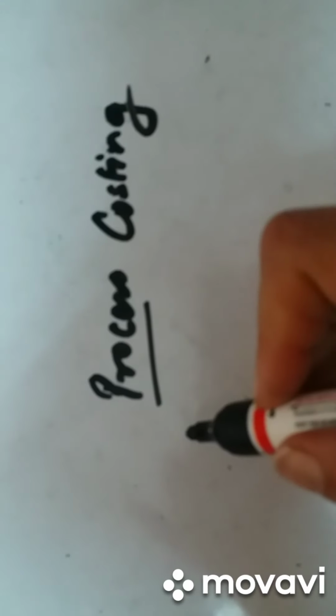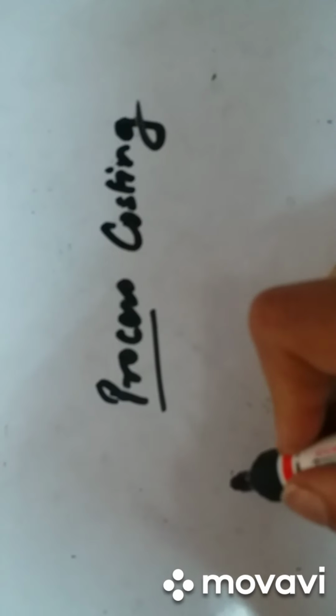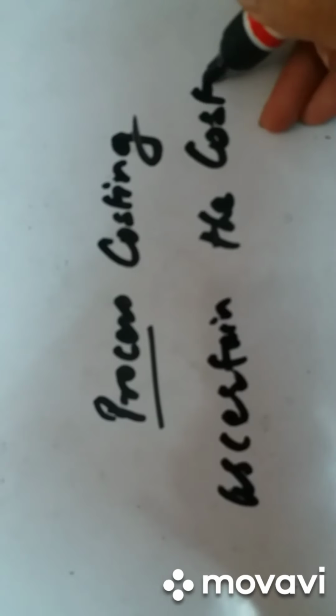So I can say that it is a form of operating costing which is used to ascertain the cost. Which cost? Cost of product. So we have to ascertain the cost of product, but which product? At each process stage.